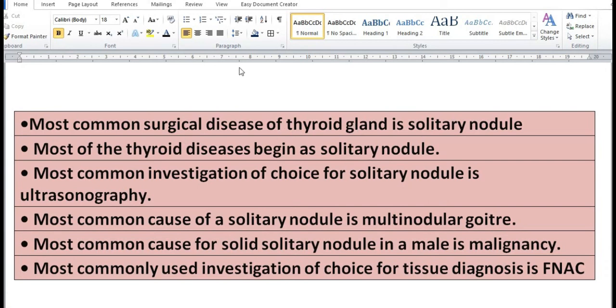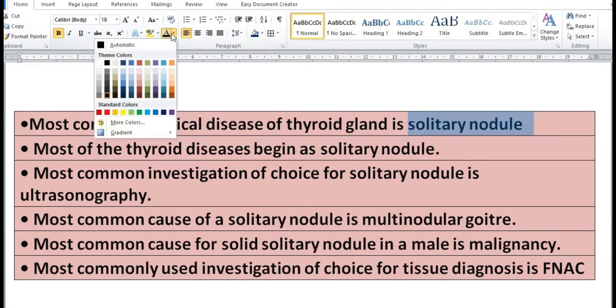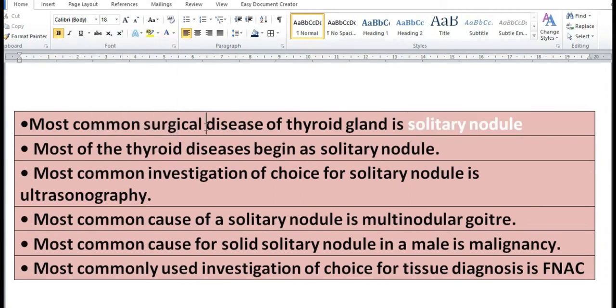So remember for your exam, most common surgical disease of thyroid gland, it is solitary nodule. Most of the thyroid disease begins as solitary nodule.